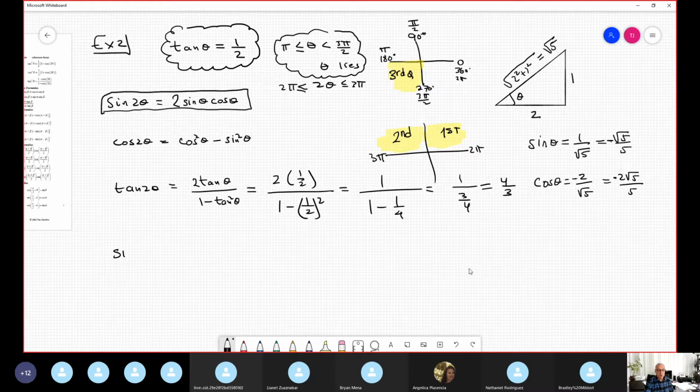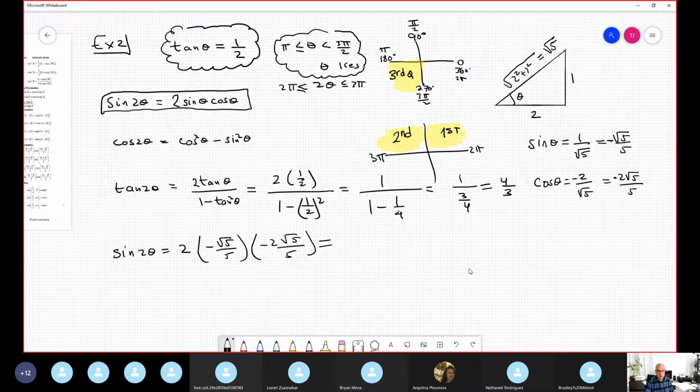Sine double angle is equal to 2 times negative radical 5 over 5 times negative 2 radical 5 over 5. The answer is 4/5. Let me see.